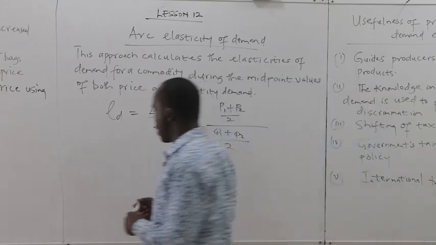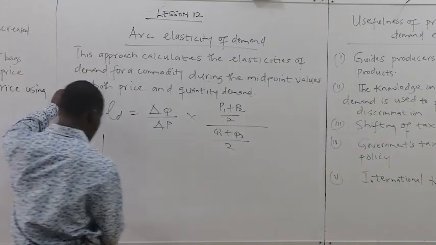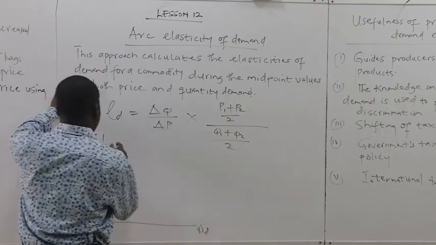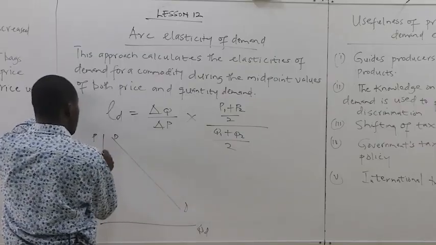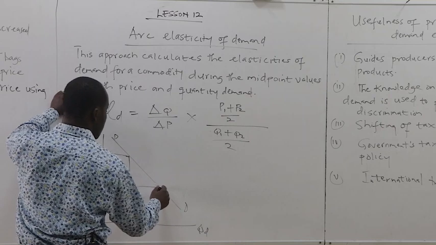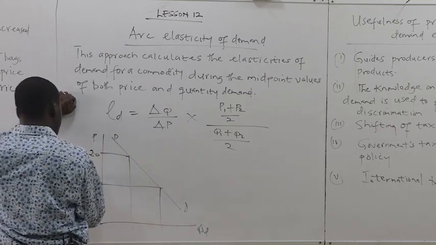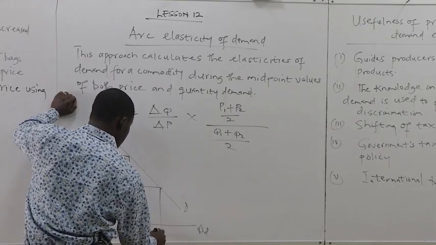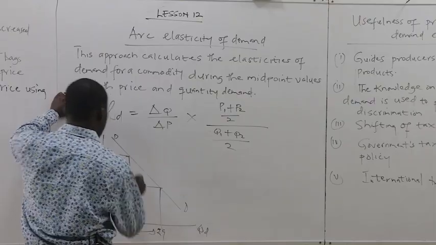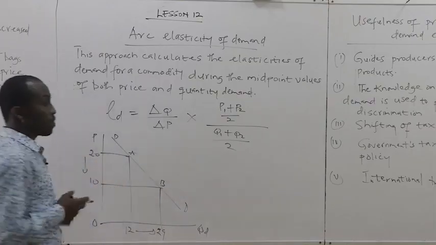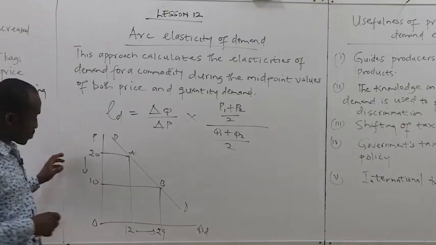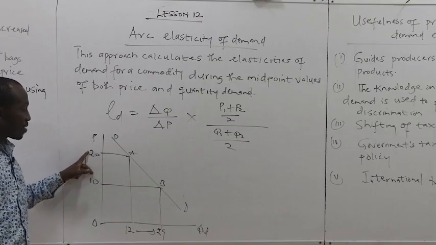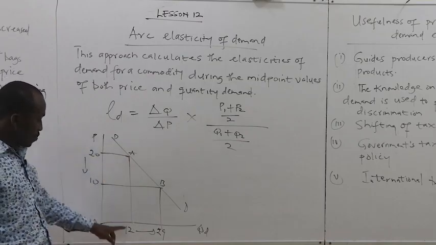So for instance, let's look at this. Let's assume we have a product, the price was 20, the demand was 12.